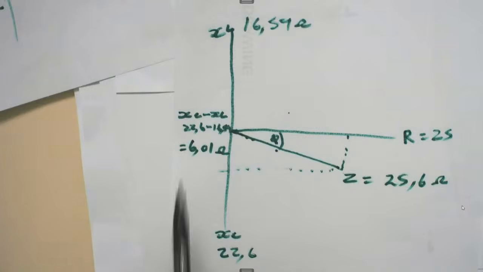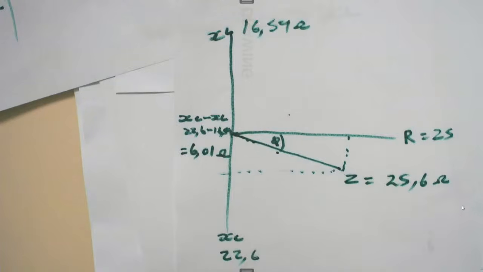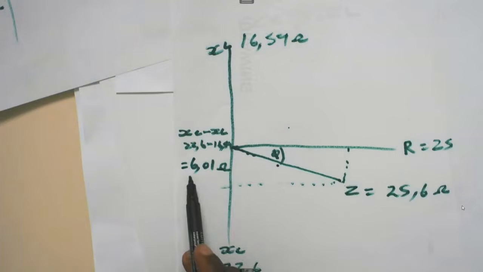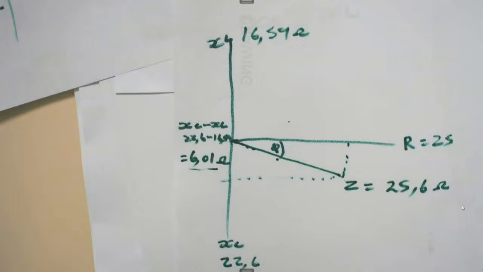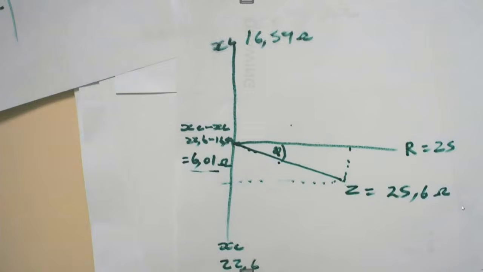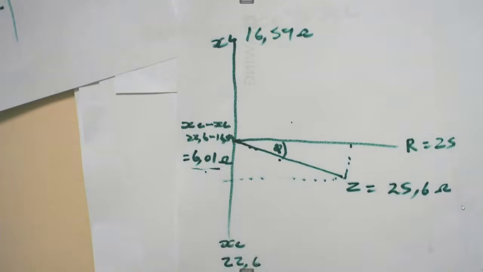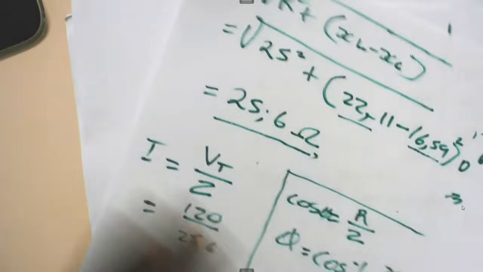Now here is our reactive component. In this case X is equal to XC minus XL. So the difference in this case is 6.01 ohms. So this is our reactance. Let us proceed to the other parts.